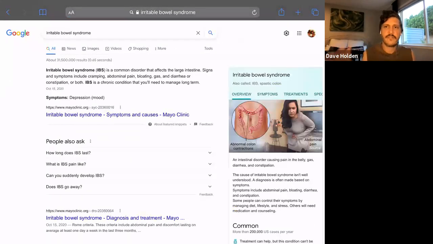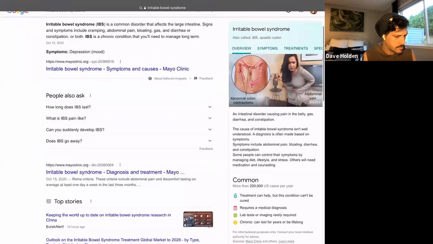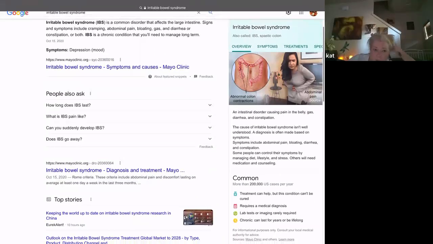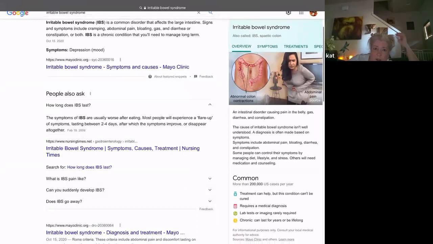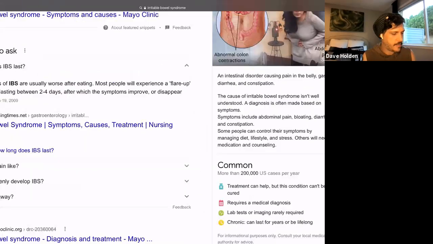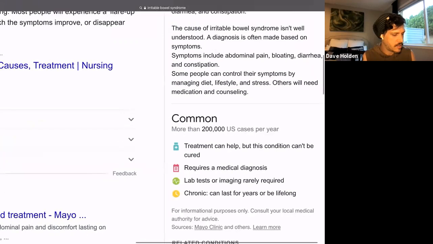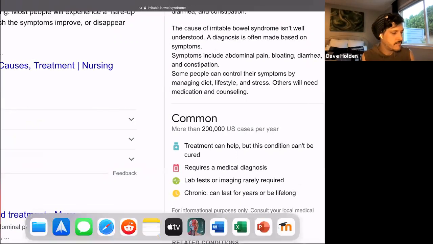Some individuals may have bouts and spells. Yeah, it says IBS is a chronic condition that you'll need to manage long term. Treatment can help, but this condition can't be cured. Chronic can last for years or be lifelong. So yeah.